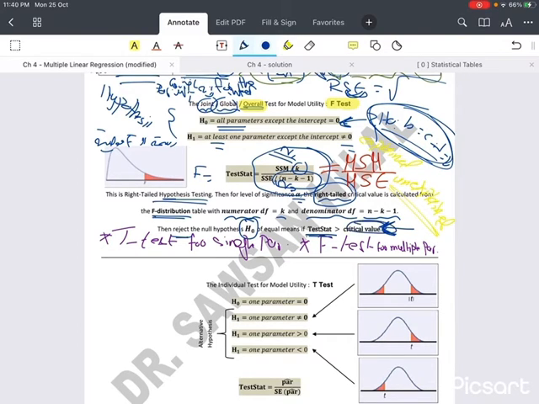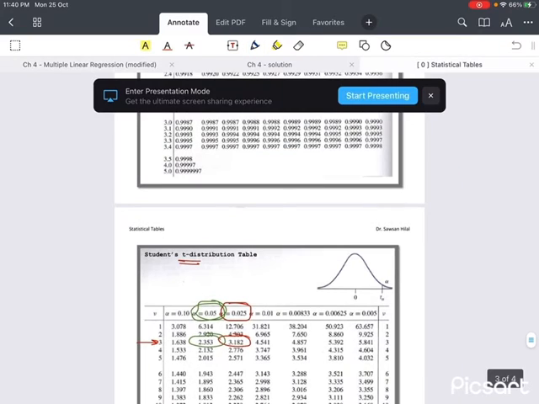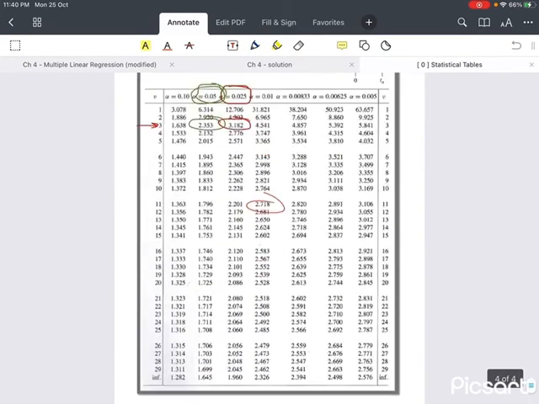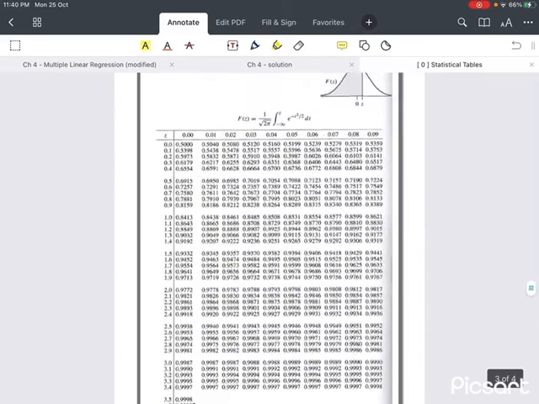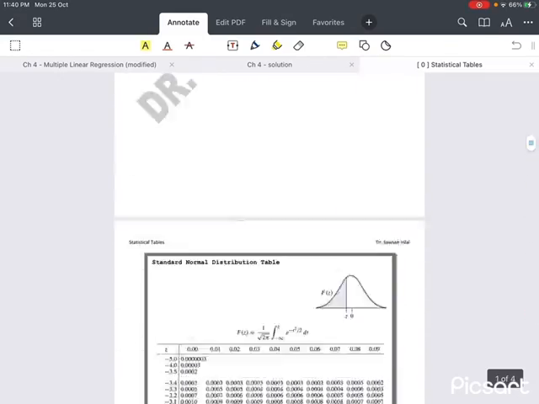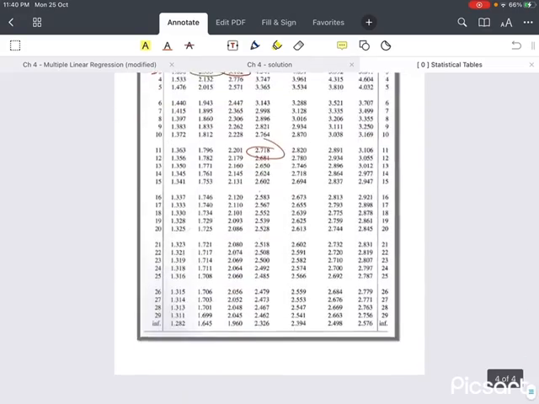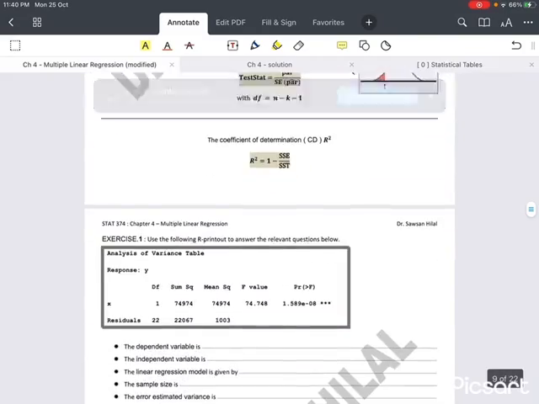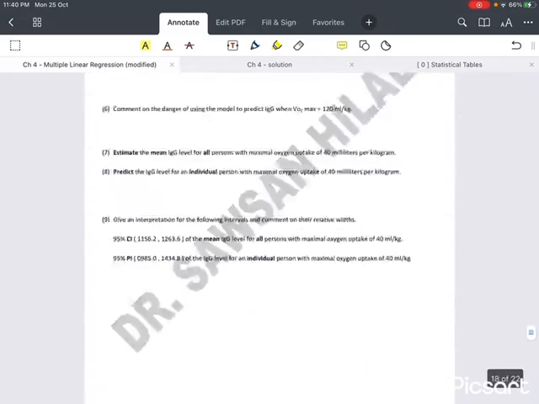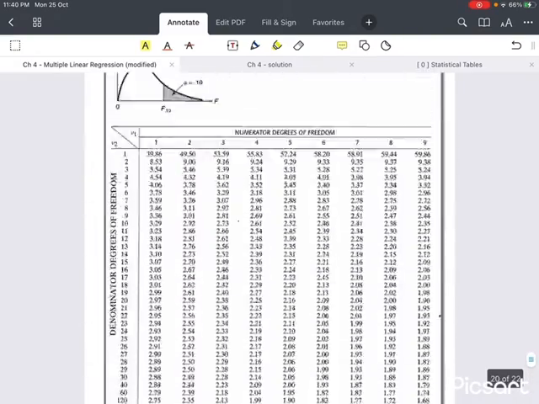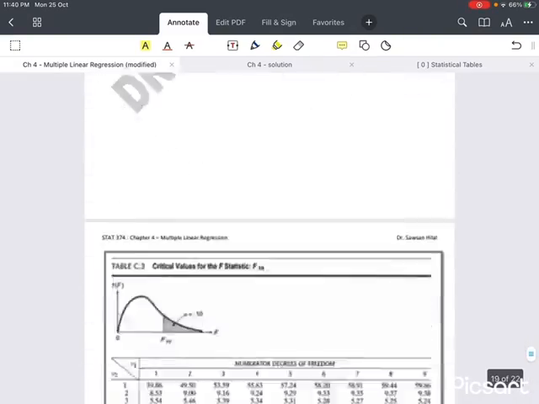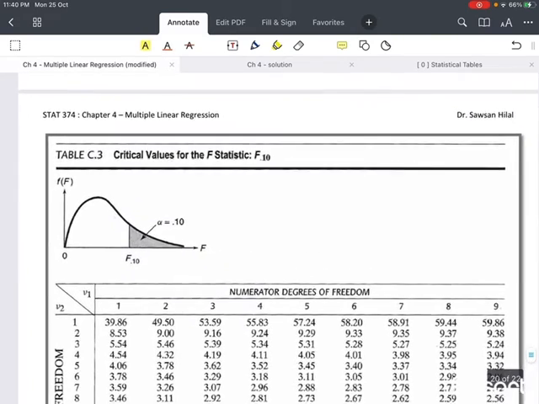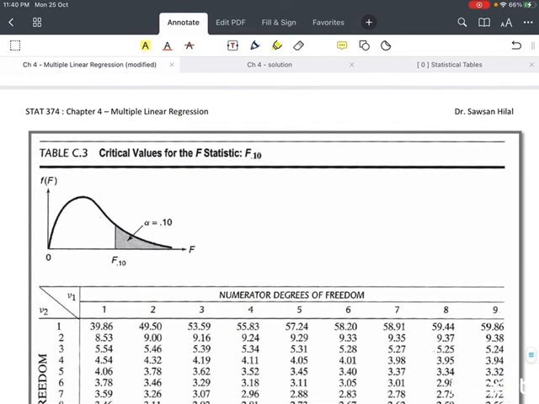The critical value, where do you get it from? From the table. You have the tables here. Okay, is it T, is it Z? No, it is not here, so where can we find it? Maybe here. Yes, you can find it here. Okay, how can you work with this? Critical values mean you will use the table.